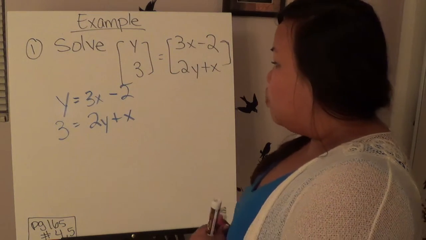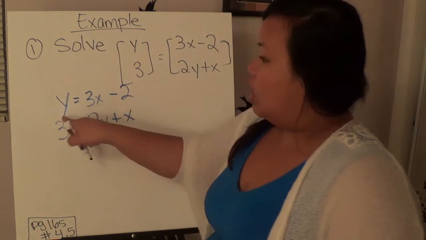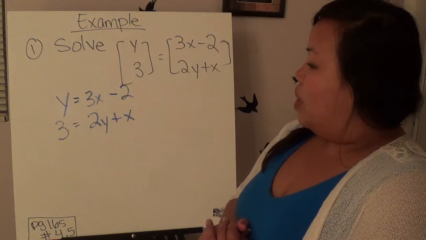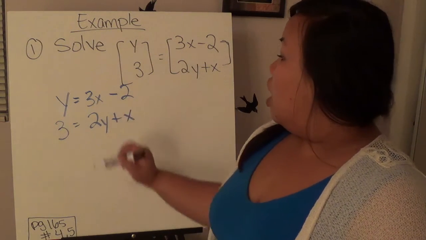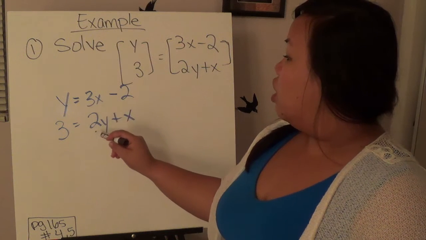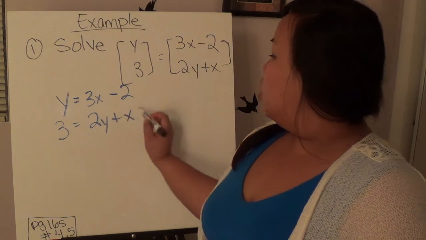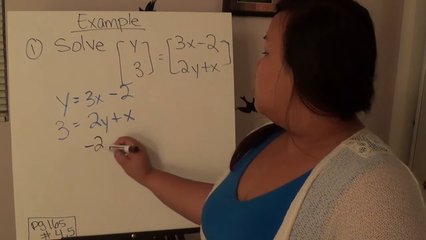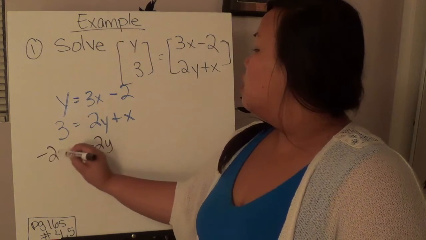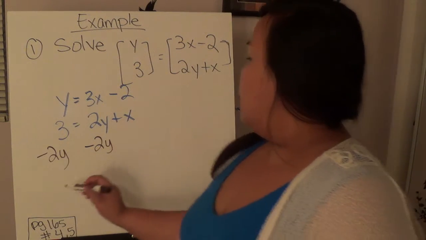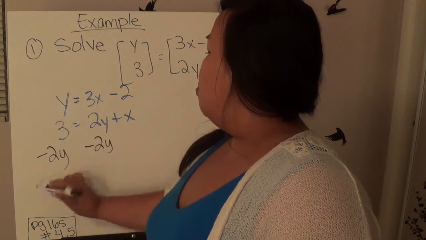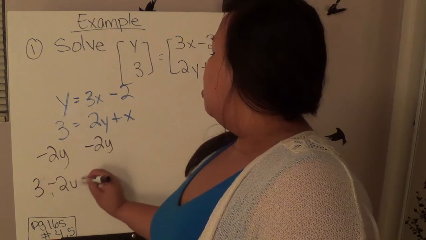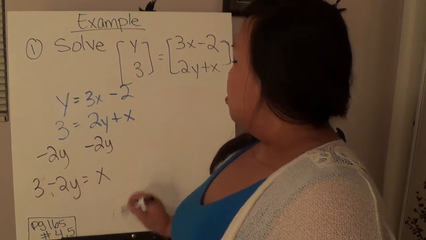Because we already have a letter solved, do you see how y is already there? But we can also solve this for x and substitute it as well. It's up to you, but let's do that. We will solve this for x, so subtract 2y on both sides. Okay, I end up with 3 minus 2y equals x.